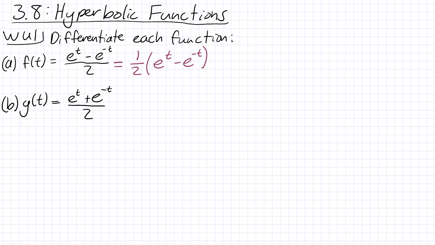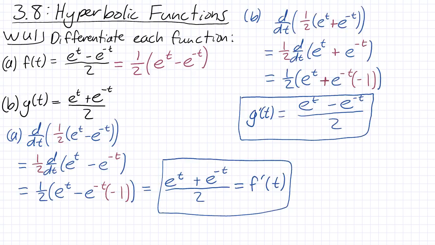That will make it so you don't actually have to use the quotient rule with these. So give these a shot. Let's differentiate them just to get a little practice, and then we will see what these hyperbolic functions are. So let's pause it, and the answers will appear in 3, 2, 1.